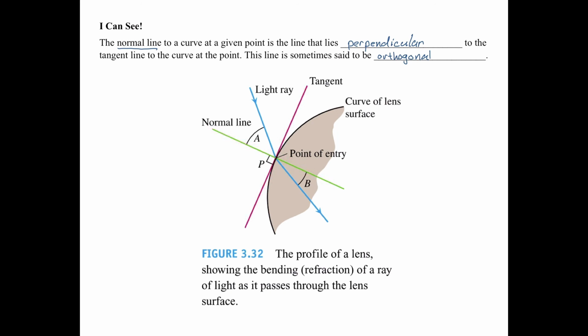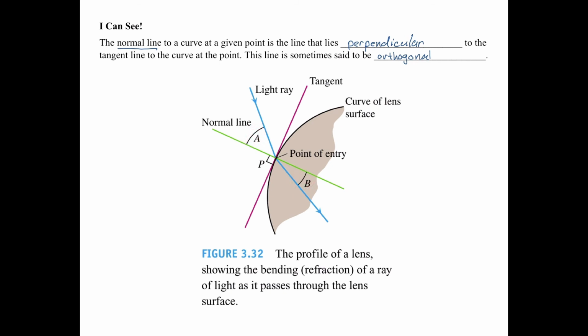And again, they are perpendicular, so they meet at a right angle. Then, of course, instead of it going straight down, when it hits the lens, that normal line will extend into the lens, and you'll have two angles, alpha and beta, or A and B here. And you could then go ahead and find those using some trigonometry.